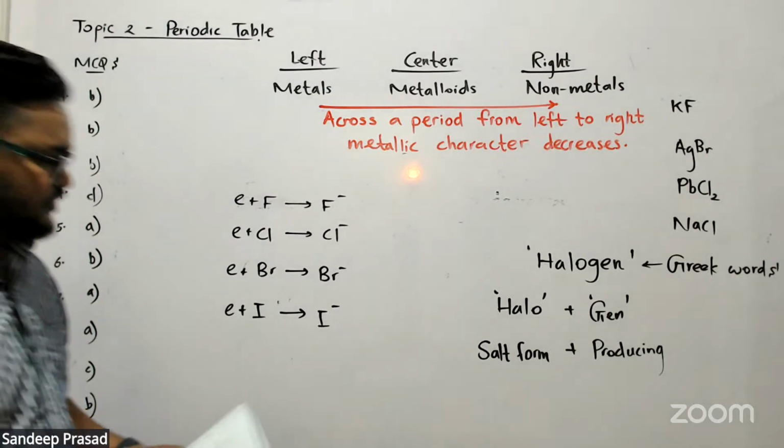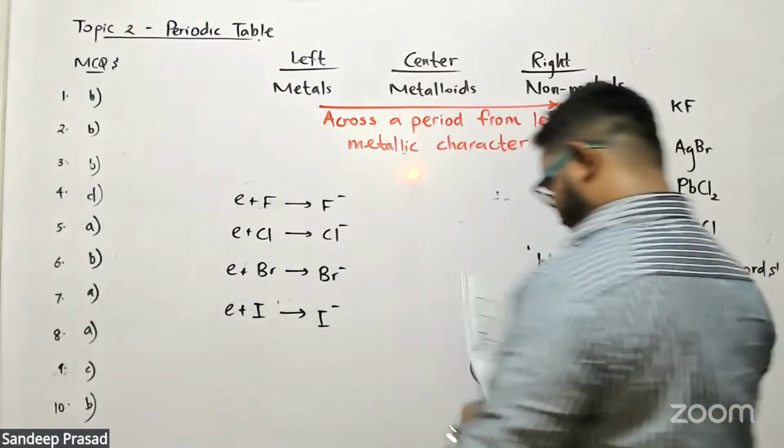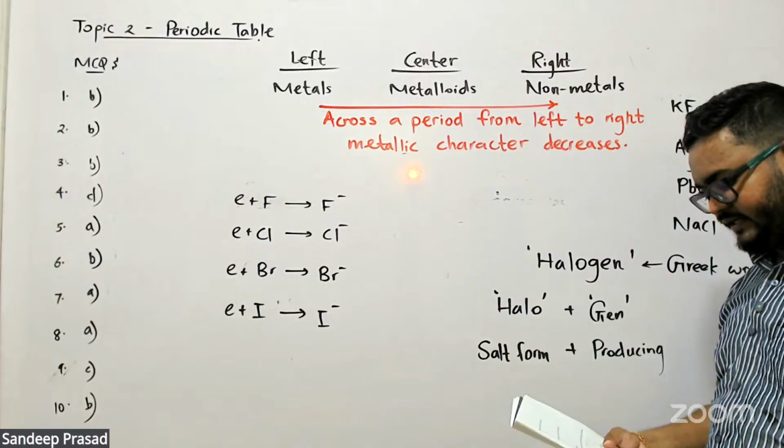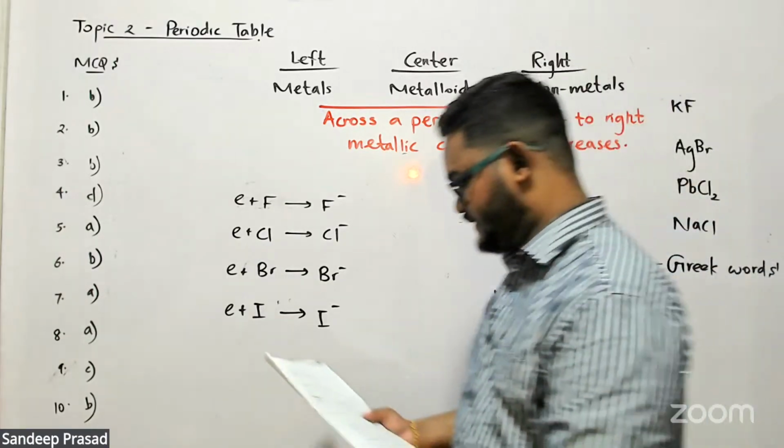Now let's move to the structured questions. Okay. So question number one. What information can be obtained from a period number and group number?